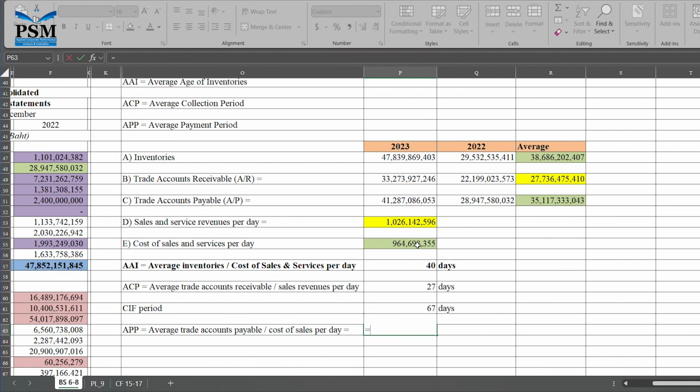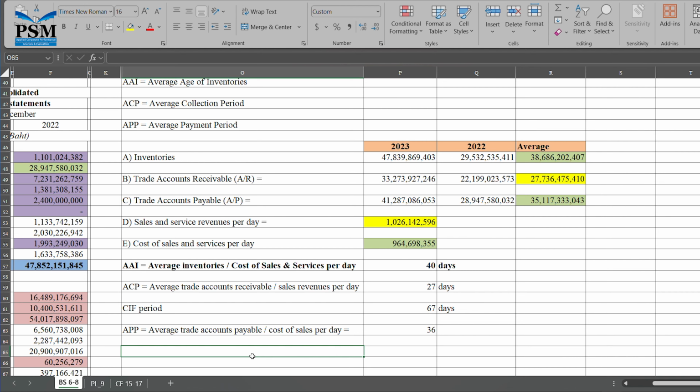To calculate the APP, we must have two numbers, the average trade accounts payable divided by the cost of sales and services per day. They pay the business suppliers in 36 days.